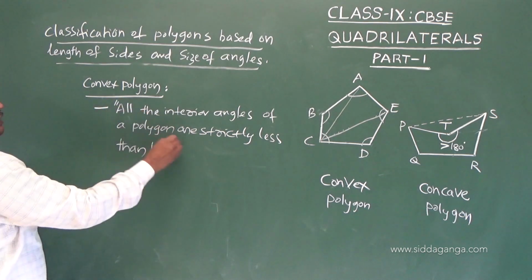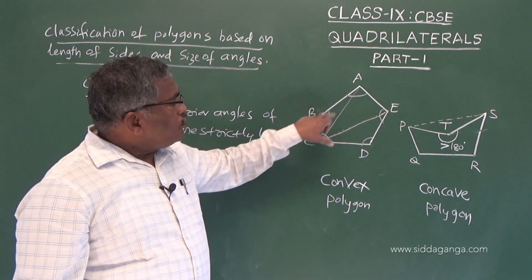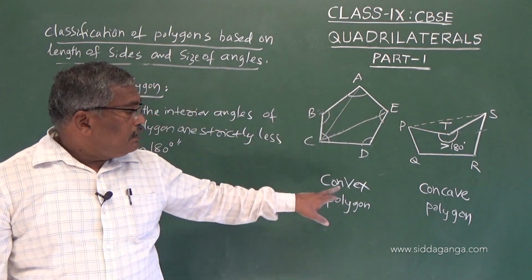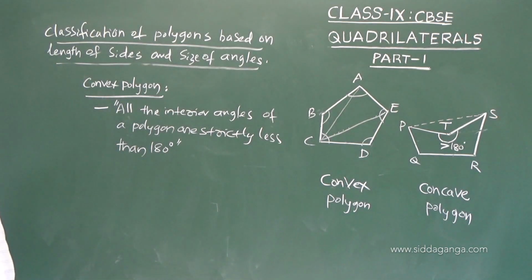This is a very, very important point. So all the angles should be less than 180 degrees, then we call it a convex polygon.